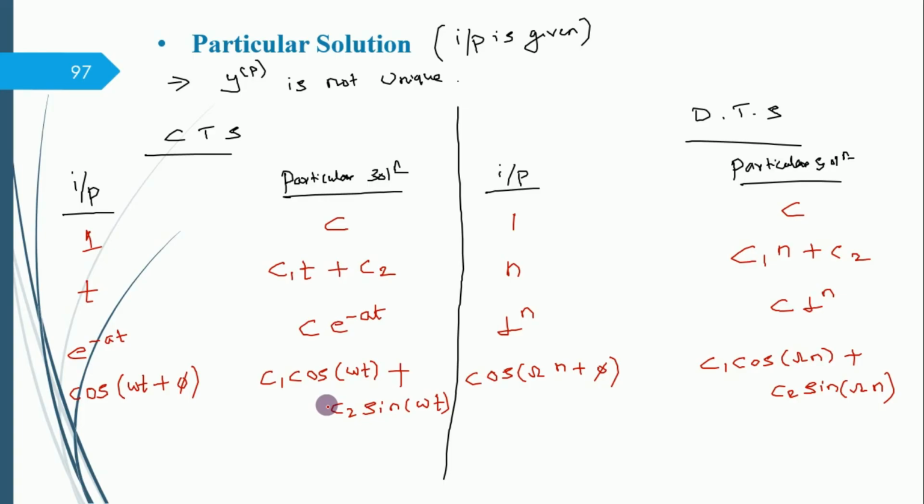Let us go with the first example. Determine the particular solution with the input described by the following differential and difference equation. The input is given as x of t equal to e raised to minus t.